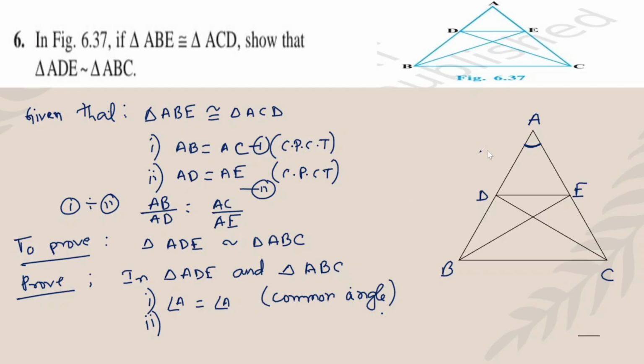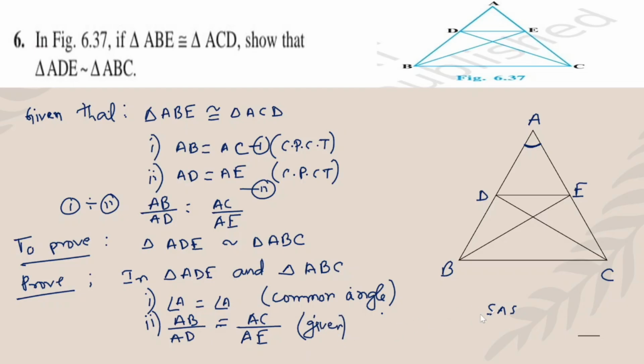If I can prove the ratio between AB by AD and the ratio between AC by AE, we can easily prove it by SAS rule. Here we have already proved AB by AD equals AC by AE. This is what is given.